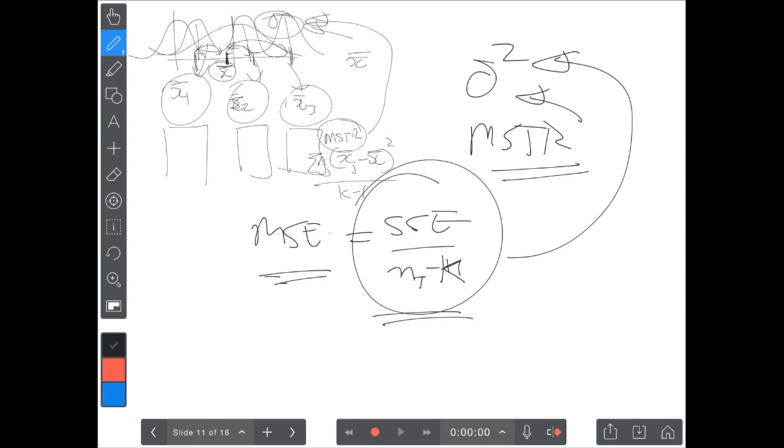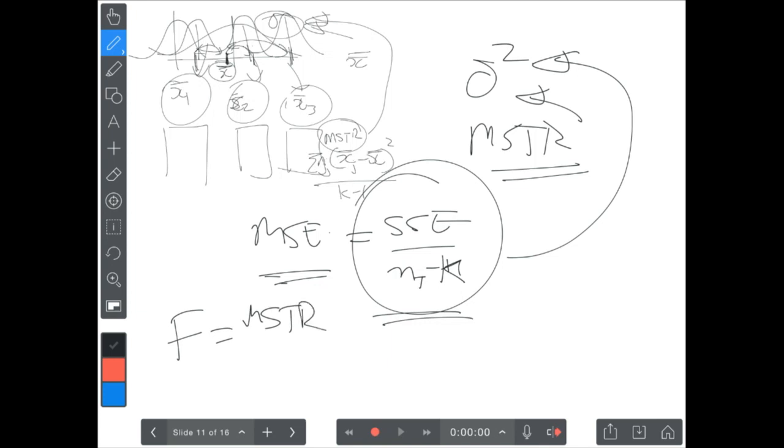So what tends to happen is that because MSTR, when the means are from different populations, overestimates the population variance, sigma squared, MSTR will tend to be larger than MSE. And so the more that we have evidence that the means are from different populations, the bigger our F value will be.